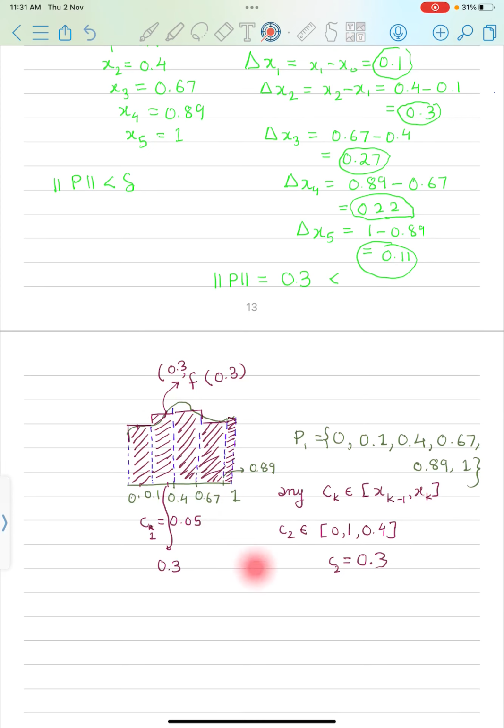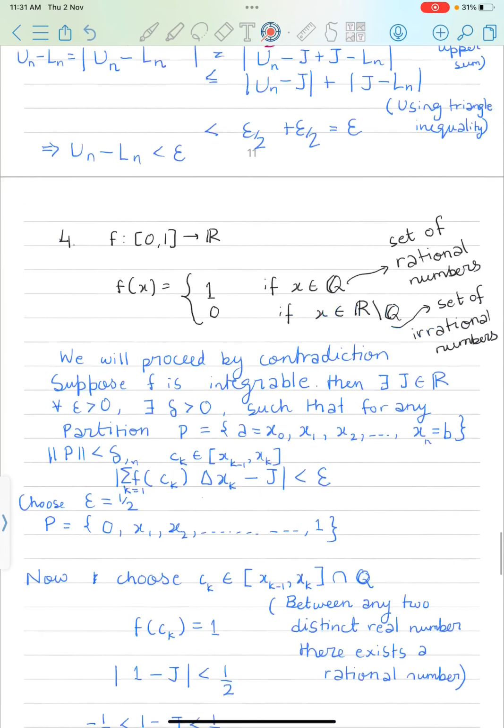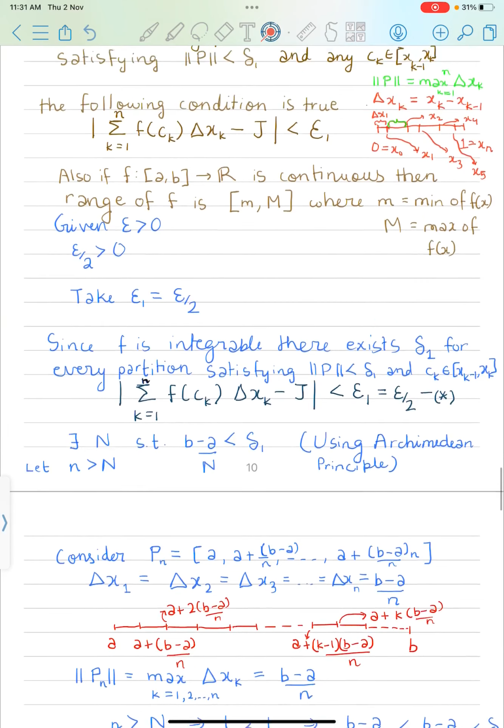So this is the definition. I hope I helped you understand partition. For a partition, you can take anything as long as its norm is less than delta. I also explained what the norm is. And ck can be anything between xk minus 1 and xk. Then this condition is true.